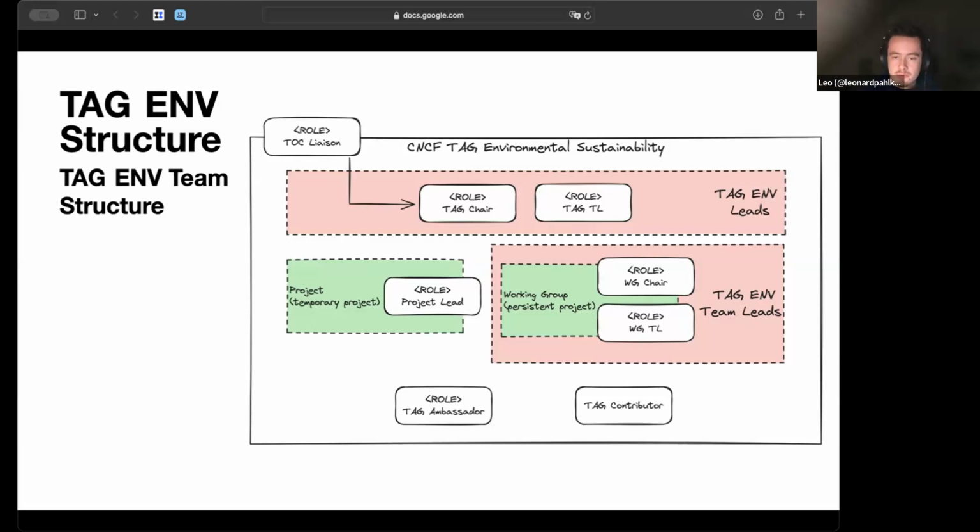So for example, sandbox reviews were usually always handled by the TOC, but now they're handled by the tags, and it's something that, for example, the chairs discuss with the TOC, what is the best action to take, and so on. So steering the tag, trying to get people involved with the tag, all of this stuff.